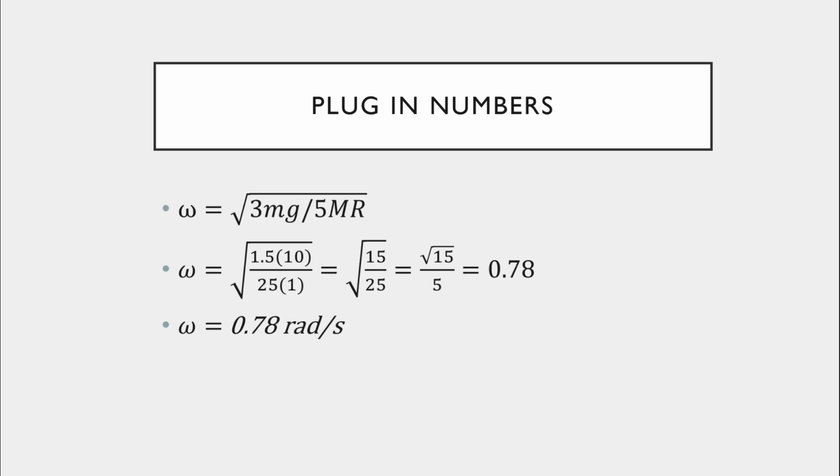And then we researched to find what the average speed of a turntable would be, and we found that it was about 0.8 meters per second, so we rounded that up again to 1. That then gives us root 15 over 25, which is equal to root 15 over 5, which is equal to 0.78 radians per second.